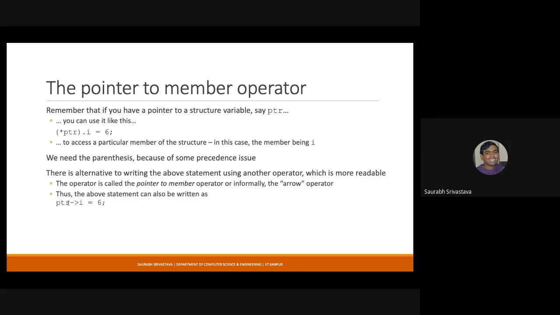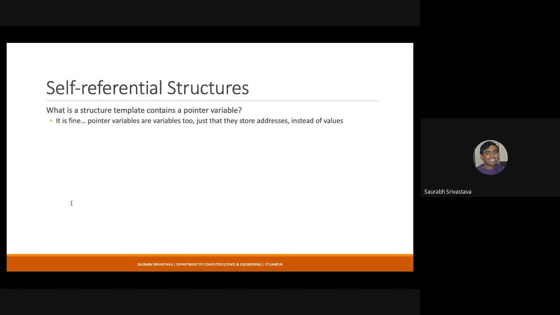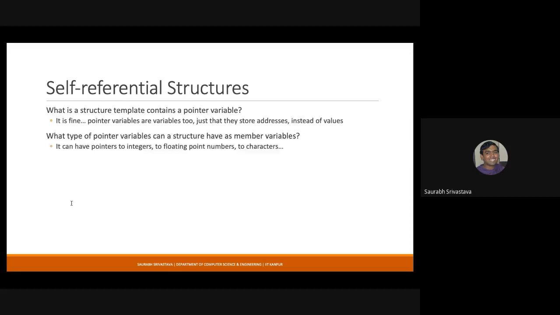This arrow operator is the pointer to member operator, which allows you to point to a particular member variable of that particular structure. There is another concept called self-referential structures. In self-referential structures, you keep a pointer to the same type of structure that you are trying to define.